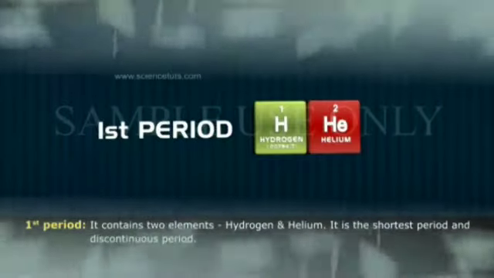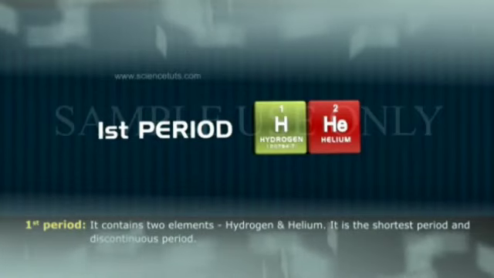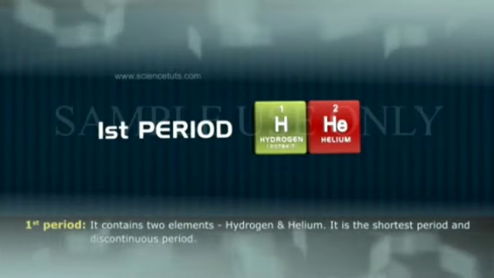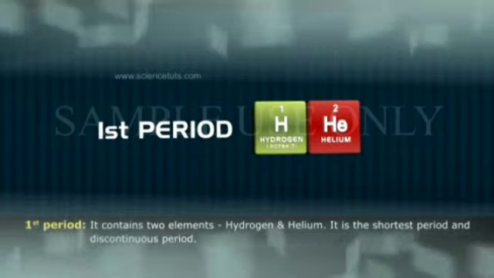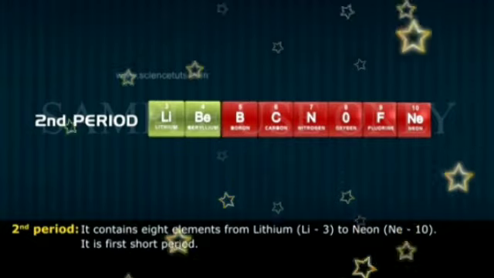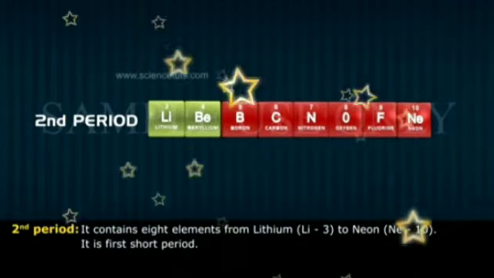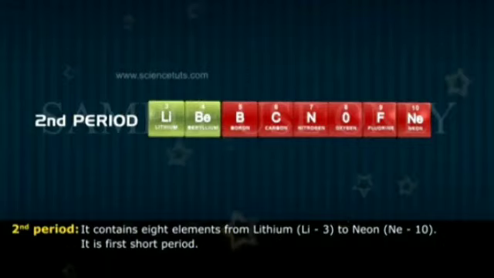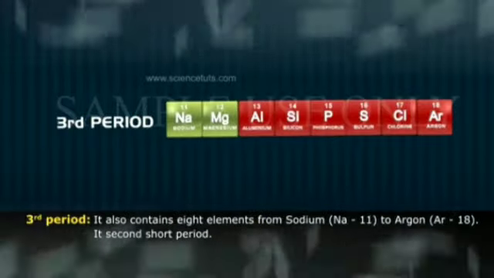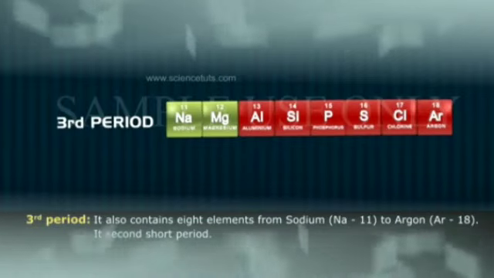Now see the first period. In the first period, 2 elements are there, hydrogen and helium. It is the shortest period and a discontinuous period. Then the second period contains 8 elements, from lithium to neon. It is the first short period. The third period also contains 8 elements, from sodium to argon.